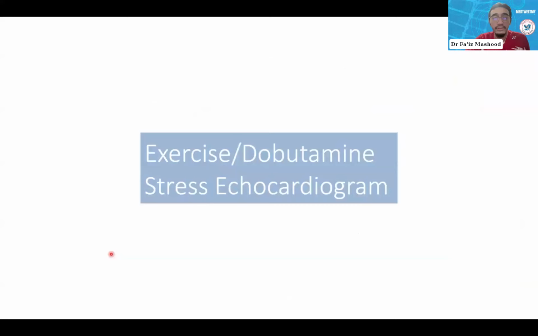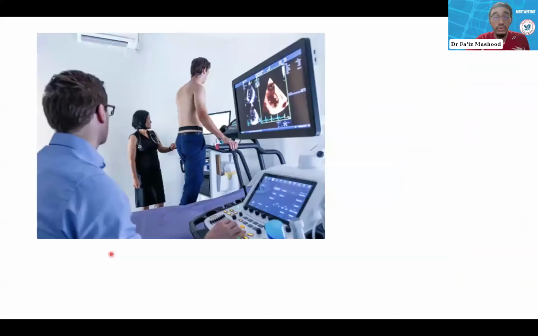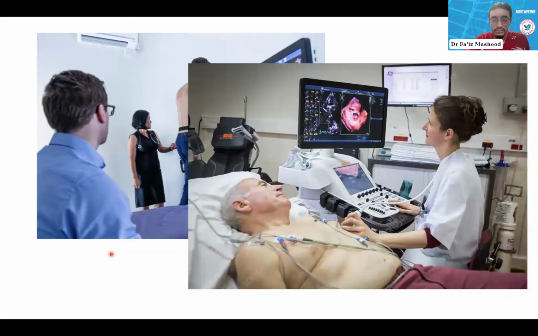And then we have the stress echocardiogram, which can be exercise or dobutamine stress echo. Exercise stress echo means we do a treadmill test and we do an echocardiogram, both at rest and after stress, and assess the hypokinesia and the ejection fraction. Whereas in the case of the dobutamine stress echo, we stress the patient as well, but usually in elderly patients who are not fit for a treadmill test.